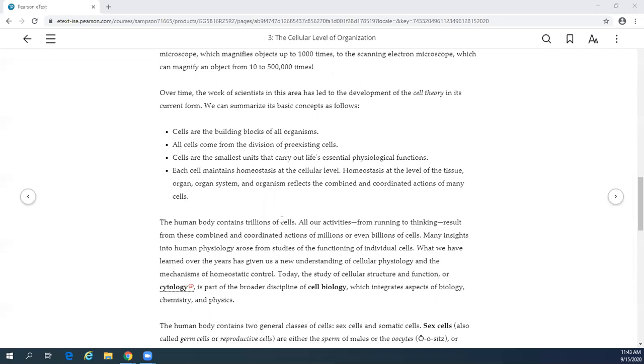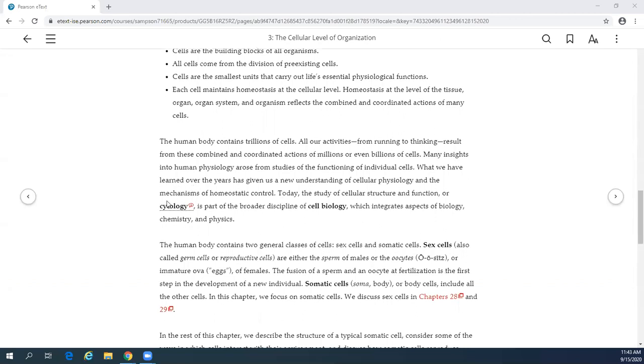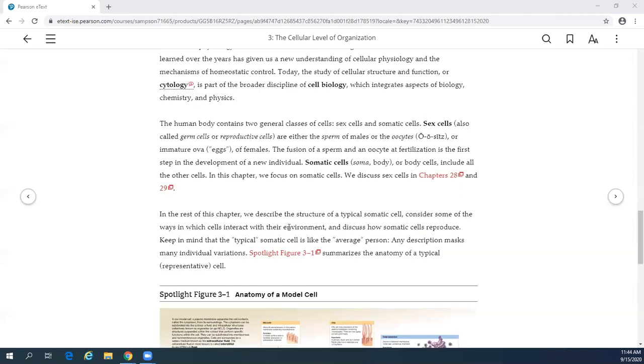Okay, so the study of cells is called cytology. Anytime you see cyte, it refers to a cell, and of course anything that's an ology is the study of. Cytology is part of the broader discipline called cellular biology, which integrates aspects of biology, chemistry, and physics combined. The human body contains 2 general classes of cells, the sex cells and somatic cells.